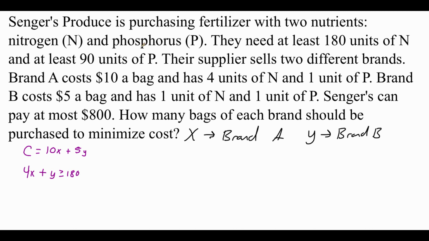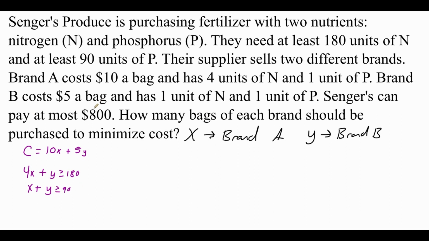Now, as we're looking at our phosphorus, we need at least 90 units of phosphorus. So brand A has 1 unit of phosphorus, so that's 1x, plus brand B also has 1 unit of phosphorus, so that's 1y, and we said at least 90, so greater than or equal to 90.